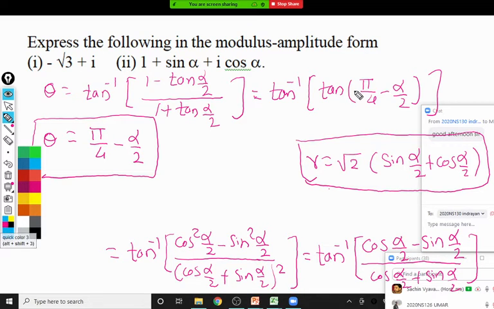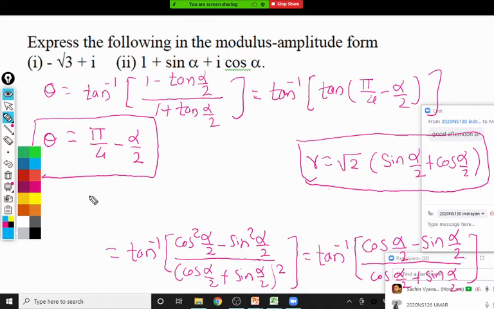Which one? This one. Yes, sir. This is the trigonometric identity again: tan A minus B is tan A minus tan B upon 1 plus tan A tan B, where 1 can be replaced as tan pi by 4. Replace: tan pi by 4 minus tan alpha by 2 upon 1 plus tan pi by 4 into tan alpha by 2. So it is tan of A minus B. The tan A minus B formula is used.